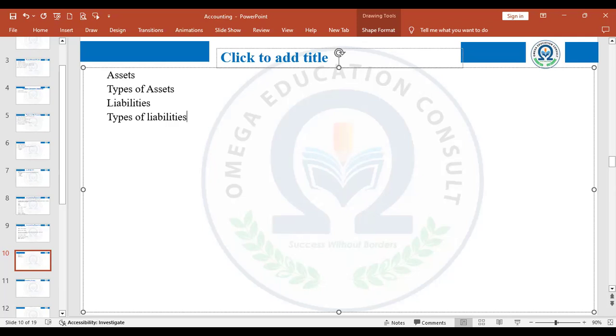Now today, I want us to still look at something around the accounting equation: assets equal capital plus liabilities. Why am I bringing back this theory?